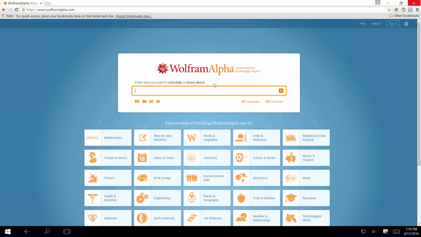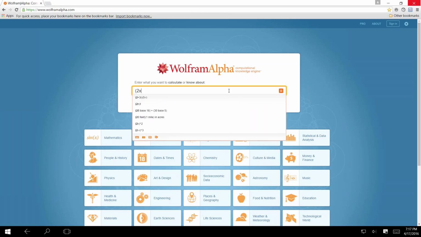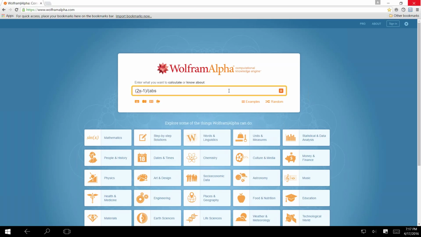Absolute values are always a little tricky. This was 2x minus 1 divided by the absolute value of x plus 1, minus 1, it doesn't matter, but minus 3.